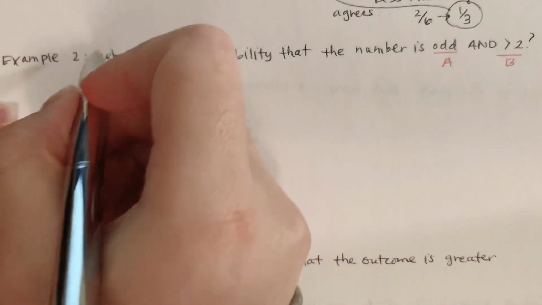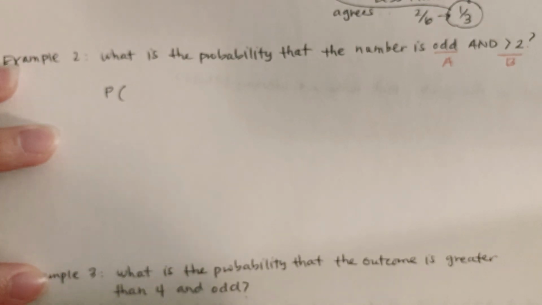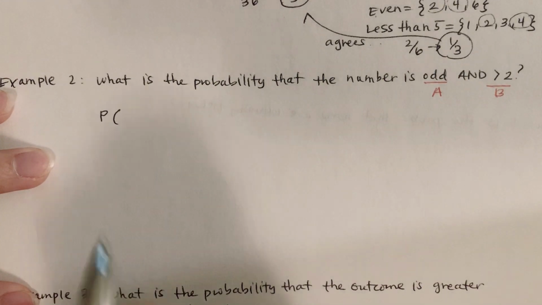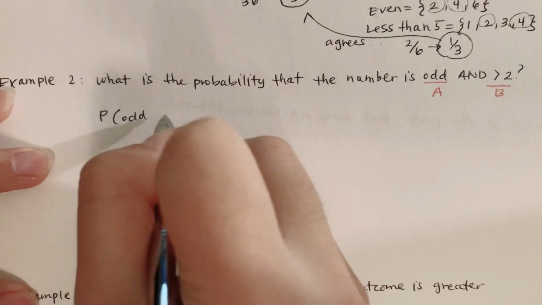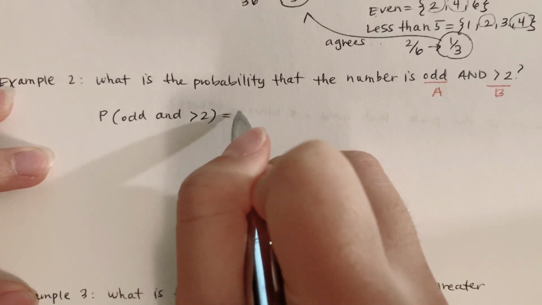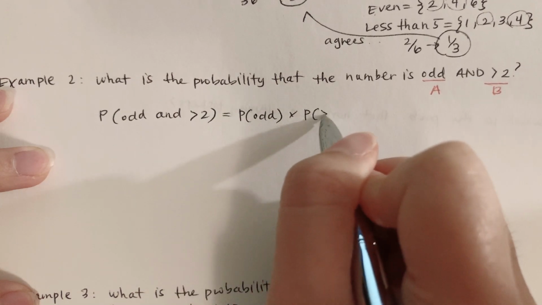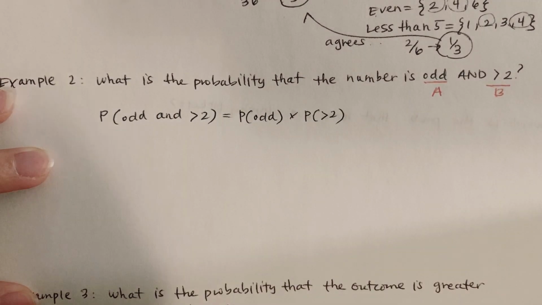Probability of being odd and greater than 2, that's going to be equal to probability of odd times probability of being greater than 2.